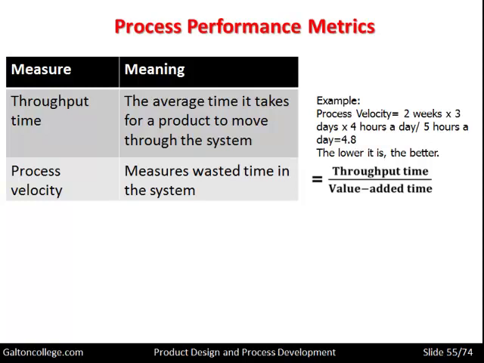So we have 4.8, really 4.8 days effectively to make this. Now the lower that figure is, the better it is. So it's a way of just getting a benchmark and seeing how particular parts are functioning. If it's 4.8 this week, was it 4.6 last week, or was it 5.1? So there's an indication of how well the section is doing.